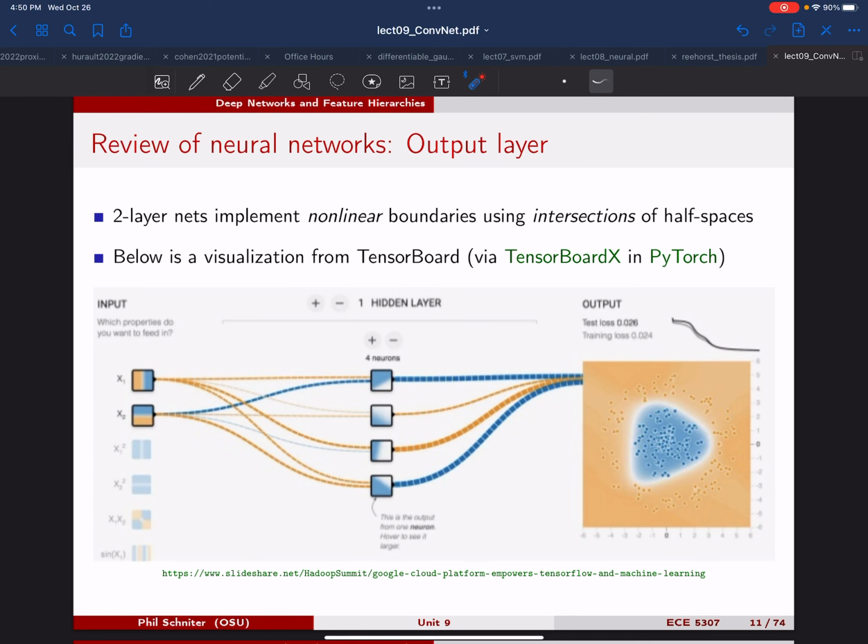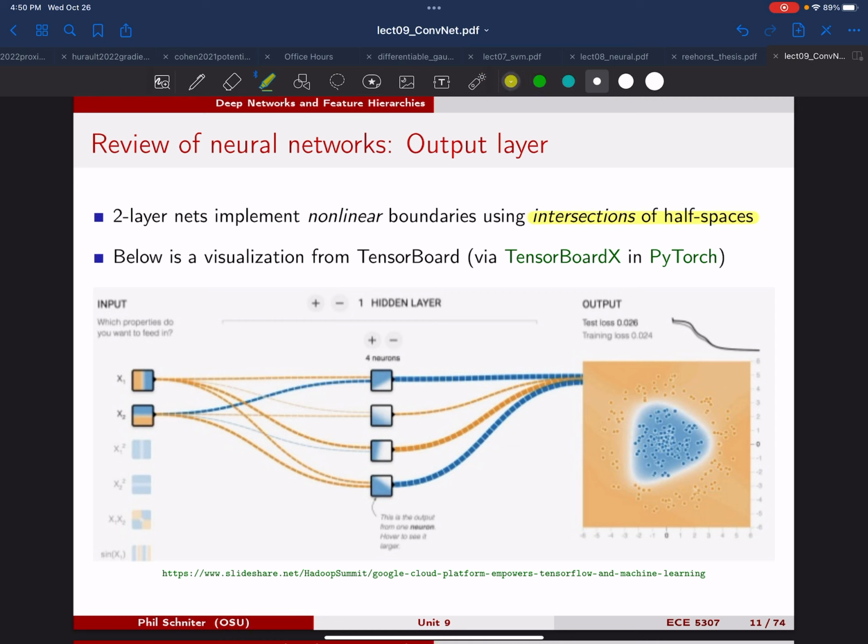So if you have a boundary here, and a boundary here, and a boundary here, each one of those we can think of as generated by a linear classifier. That's what the first layer does. And then the second layer takes those boundaries and looks at the intersections of those half spaces.